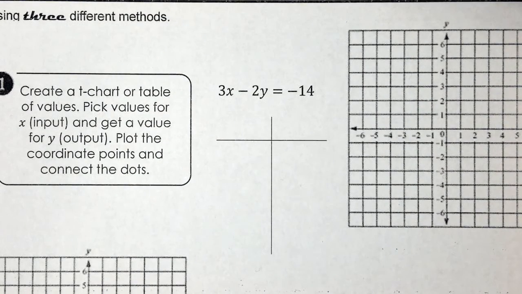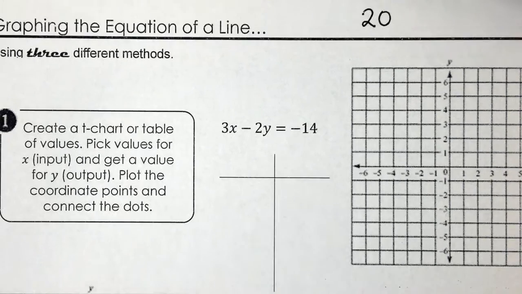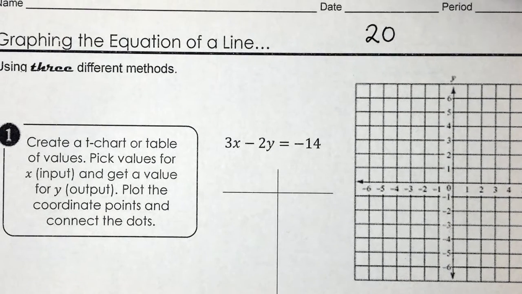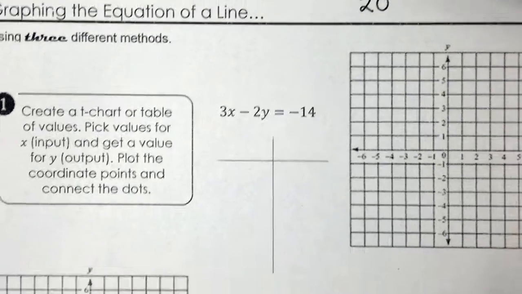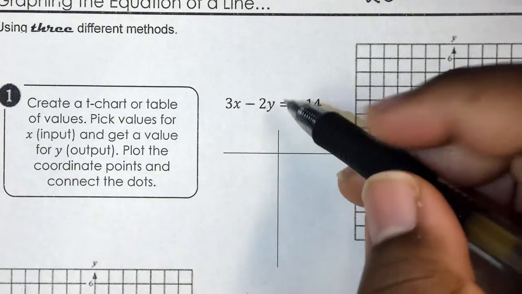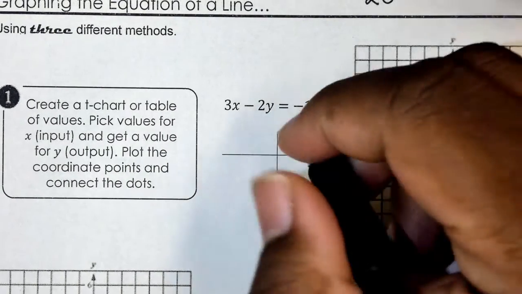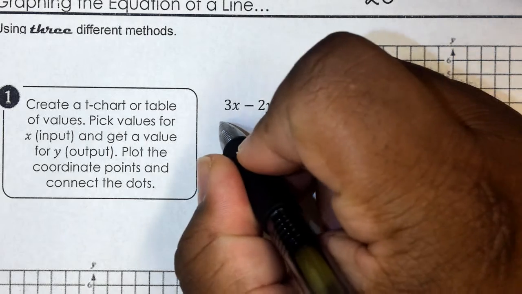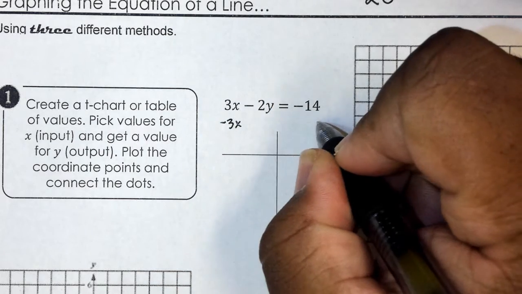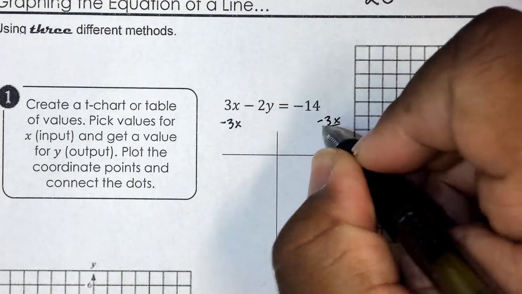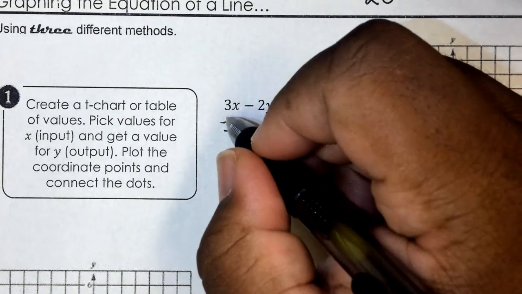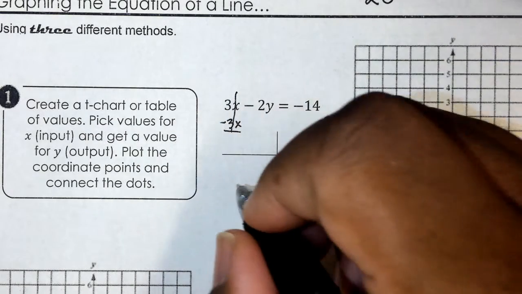All right. So the first one, this equation, and they put it in slope-intercept form. Subtract the x. Y'all should know how to do all this.